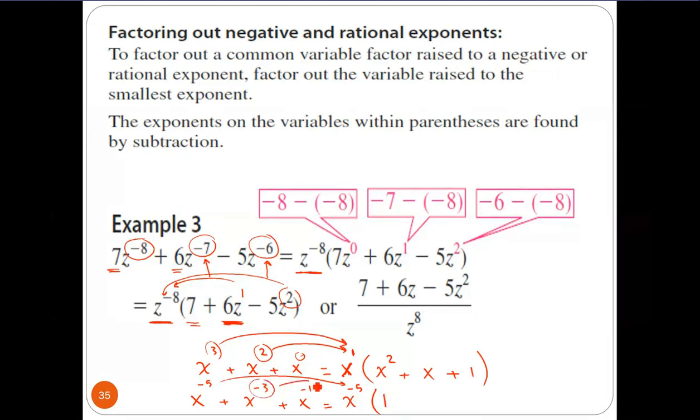Negative 3 minus negative 5: negative becomes positive, so minus 3 plus 5 gives x squared. And the same here: negative 1 minus negative 5 equals 4, so we have x to the power 4, like this. Okay.